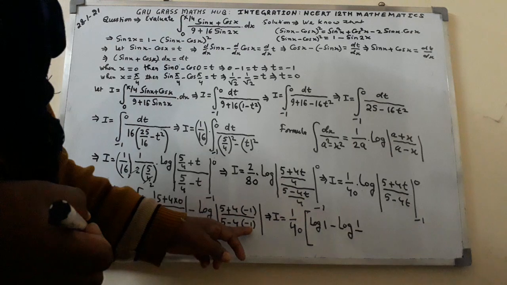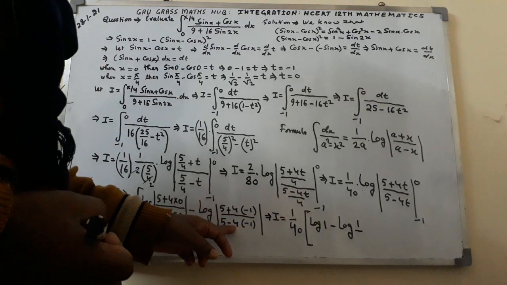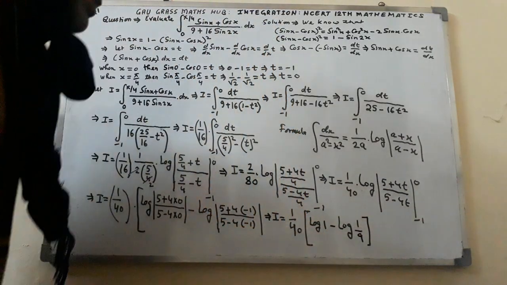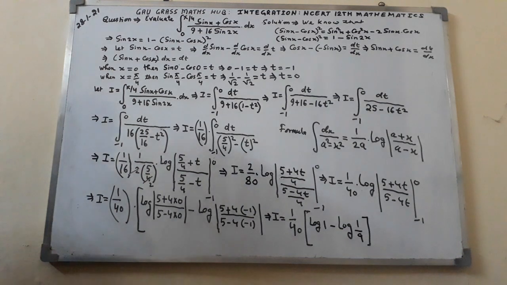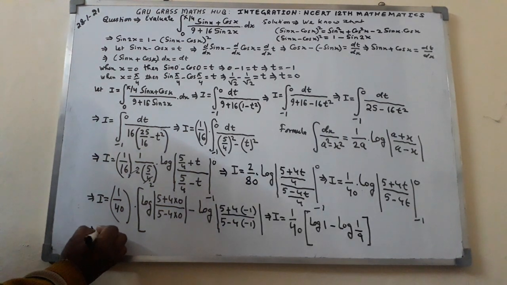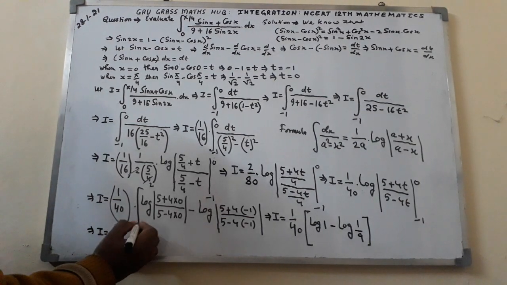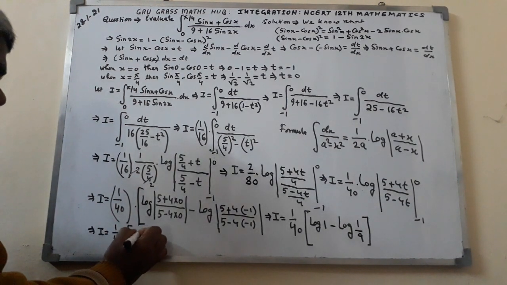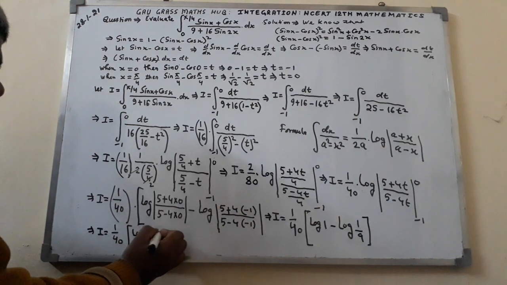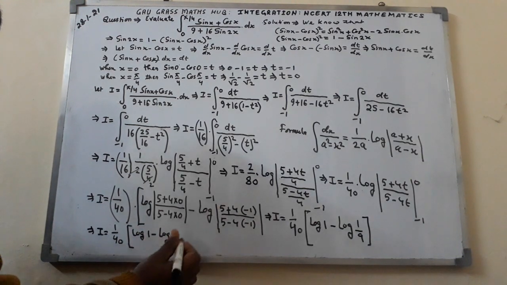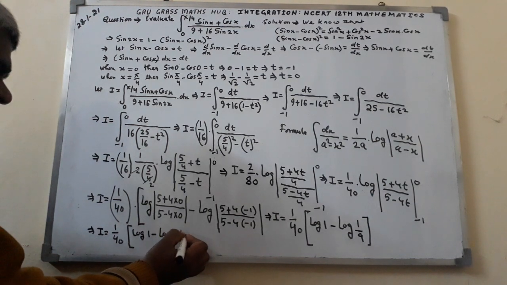Minus 4 multiplied by minus 1 comes out to be plus 4, so 5 plus 4 is 9. Here again I shall write, implied that I equal to 1 over 40, and in bracket I shall write log 1 minus log 1 plus log 9.